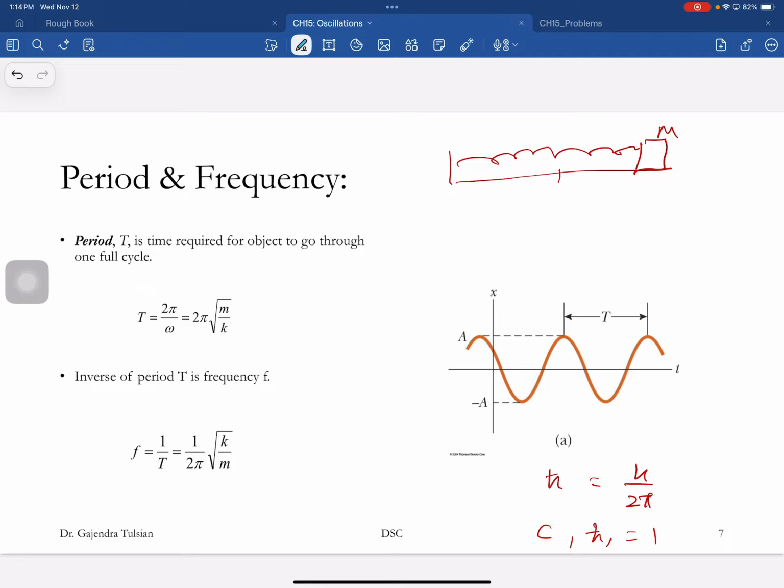And then at the end, when you get a result, you know what should go where, just from dimensional analysis. So that's how they do that. So frequency is 1 over period.